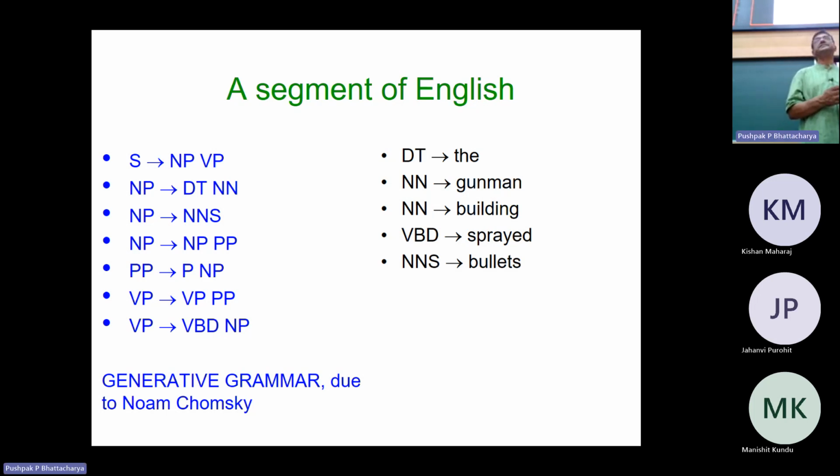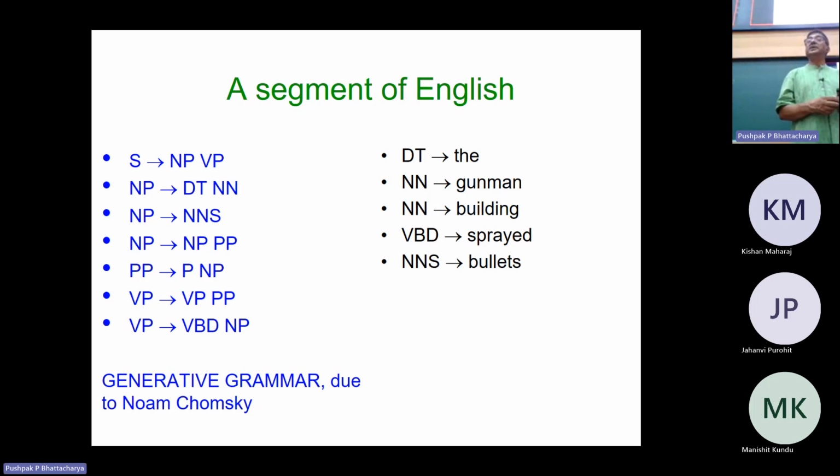Will it be correctly parsed? So first of all, you will have to apply NP-PP. Now this NP, we should take care of a man. This will be fine because you have the rule DT NN, but DT is not going to A. If DT goes to A, then a man will be admitted.